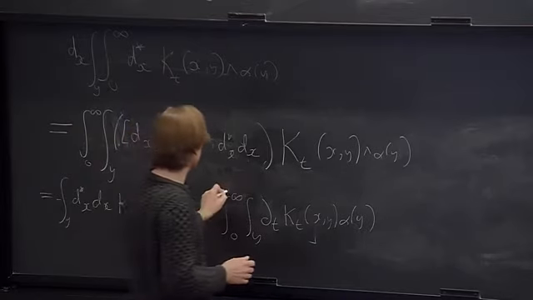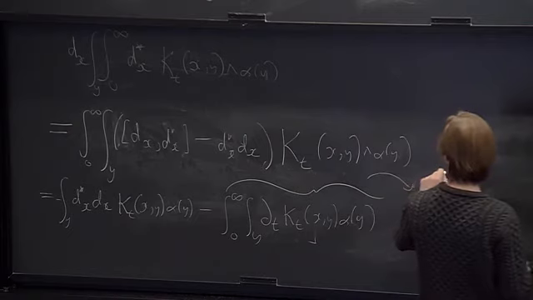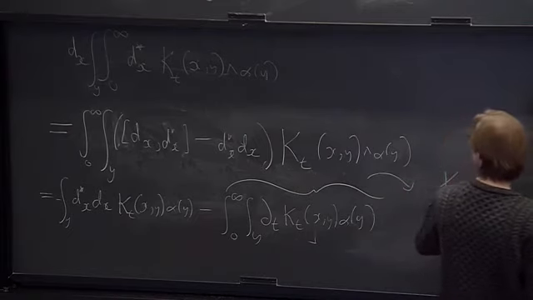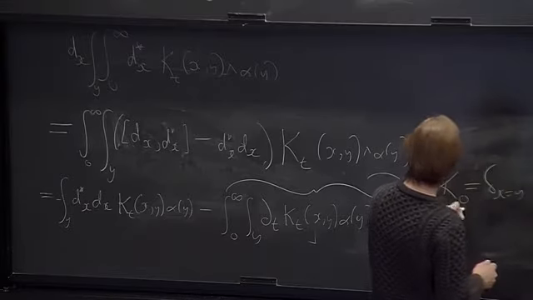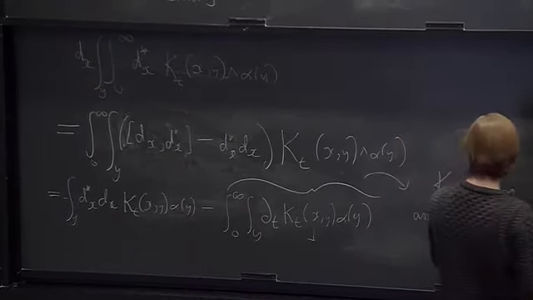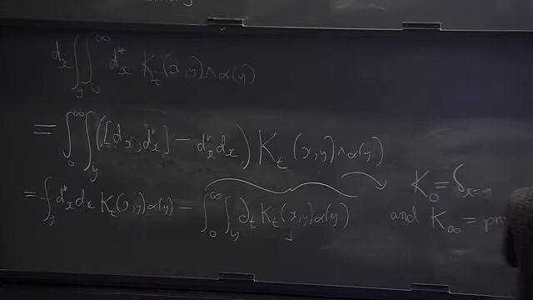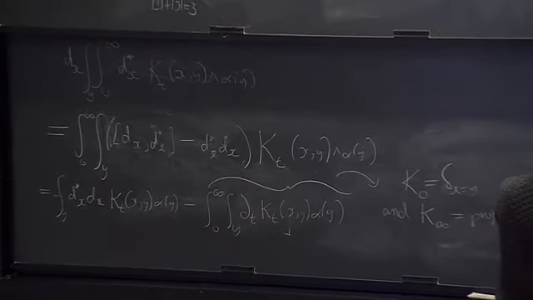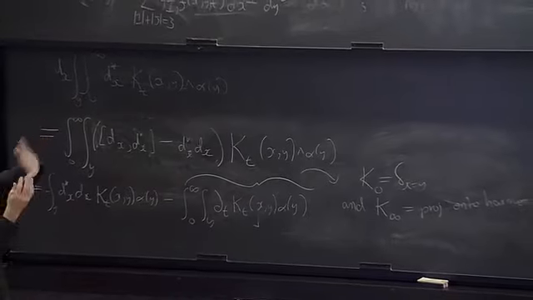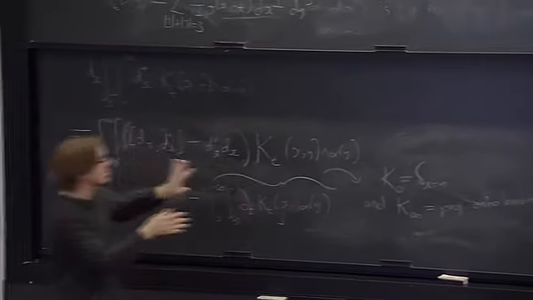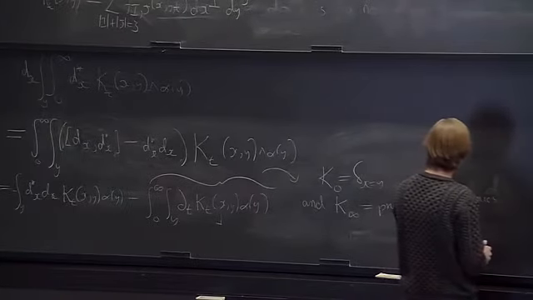So this term here produces two terms. One is the heat kernel at 0, which is the delta function of x equals y, and the heat kernel at infinity, which gives projection onto harmonics. Now, since we're assuming that alpha doesn't touch the 0 modes, this will be 0 for alpha.